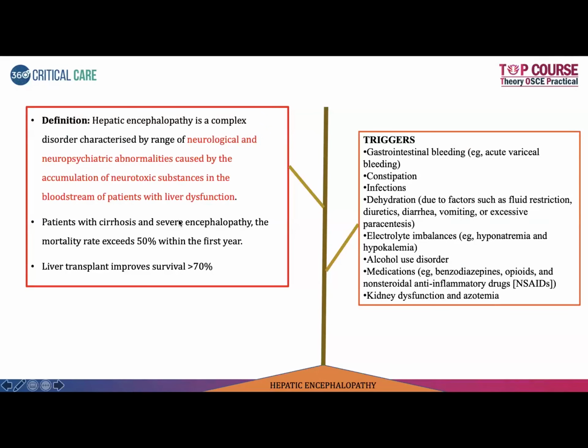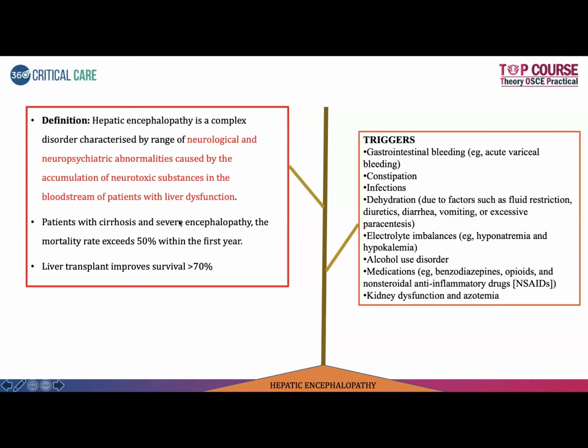So the current classification that we follow is HRS-AKI and HRS-NAKI. In this, you have cirrhosis with ascites, and you rule out all other factors that can cause acute kidney injury, and you have the definition of acute kidney injury.